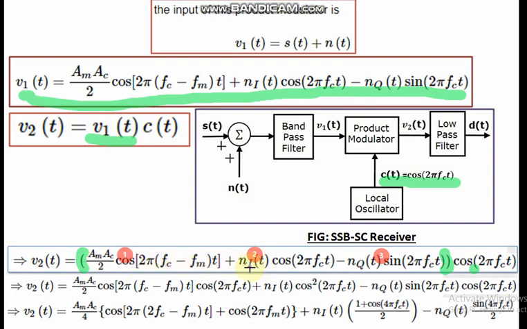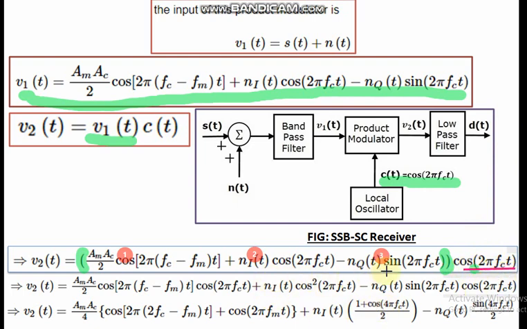The second term is in phase component NIT multiplied with cos 2 pi fct, and the third term is quadrature phase component of noise signal NQT multiplied with sin 2 pi fct. Okay. So all these three terms will be multiplied with cos 2 pi fct.